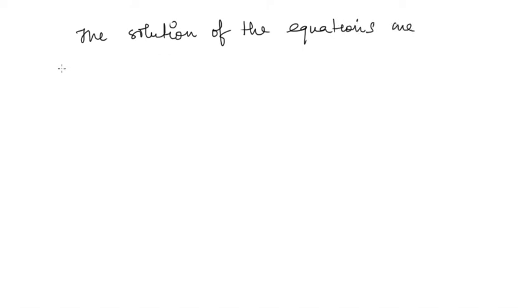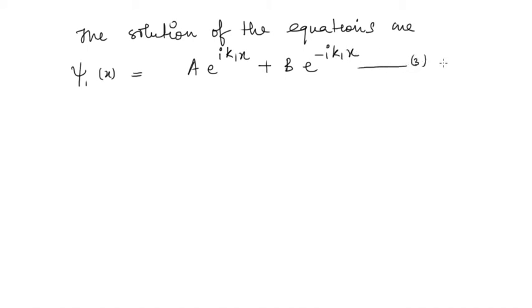Now the solutions of equations 1 and 2 are psi 1(x) equal to A e to the power i k1 x plus B e to the power minus i k1 x, equation 3, where k1 I have already defined as 2mE upon h cross square equal to k1 square.